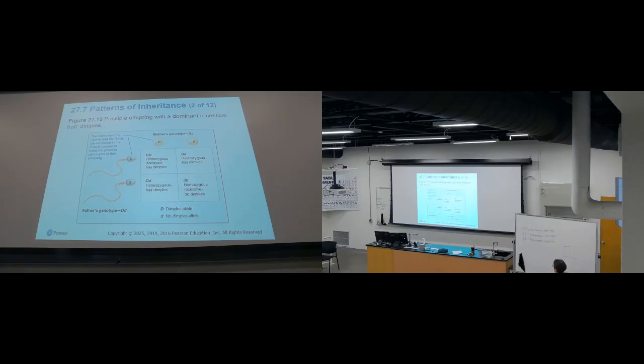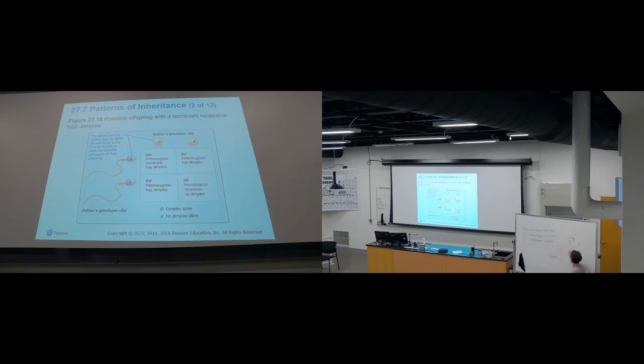So in that Punnett square, the mother's genotype is big D, dominant, little d, recessive. And in the case of the dad, it's always dominant and dominant for the sperm. So this will be for the egg cells, and this will be for the sperm cells.